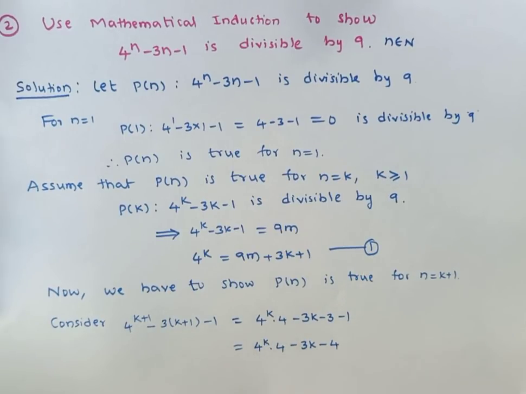So here you can replace this 4 power k with 9m plus 3k plus 1. Replacing 4 power k, we get 9m plus 3k plus 1 times 4 minus 3k minus 4.